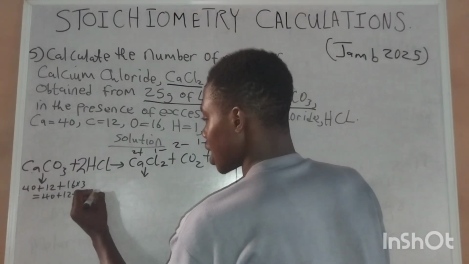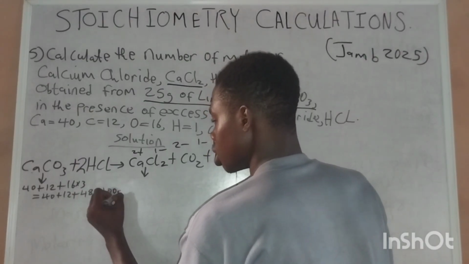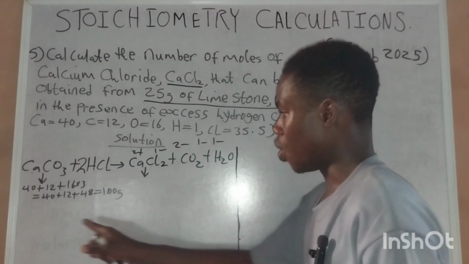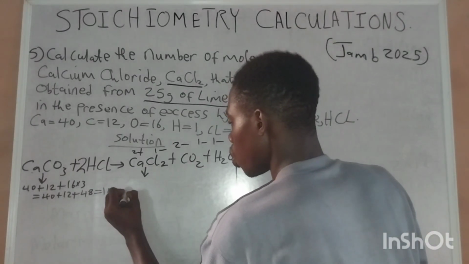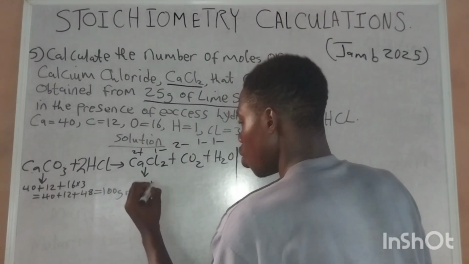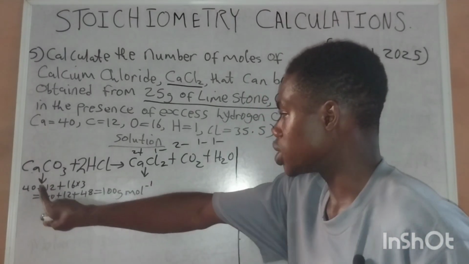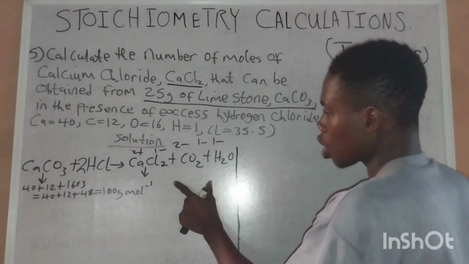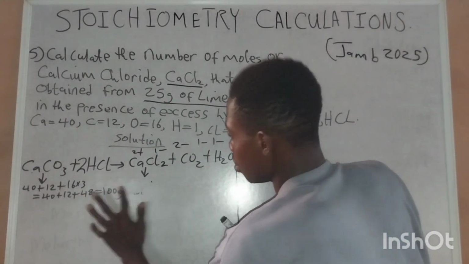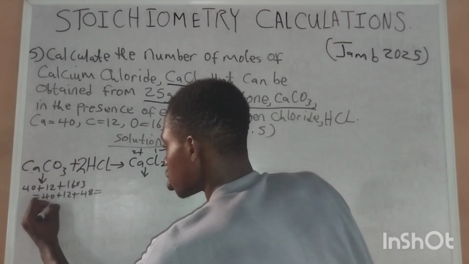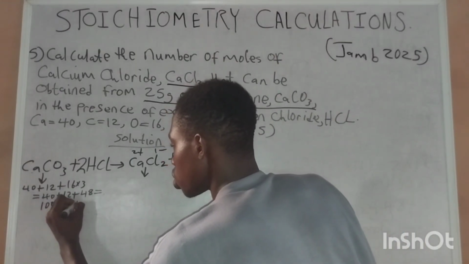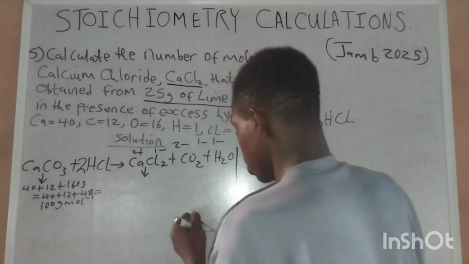So our final answer is equal to 100 grams. Are you seeing it now? 100 grams per mole. Don't forget, 100 grams per mole for the calcium carbonate. So please take note of this.